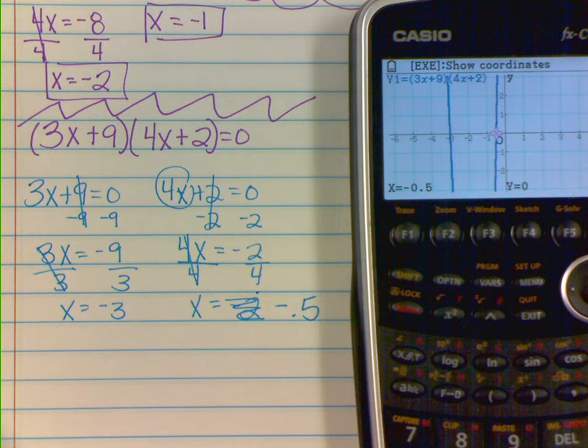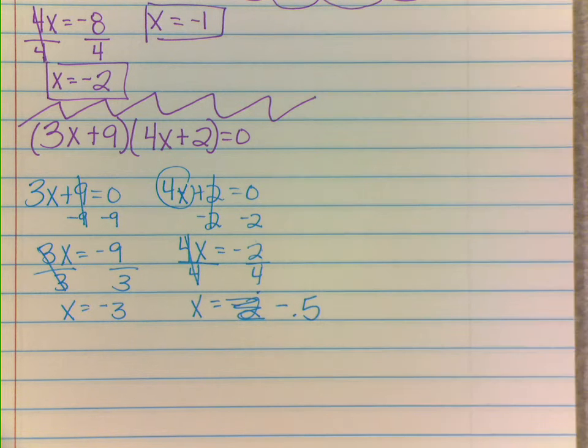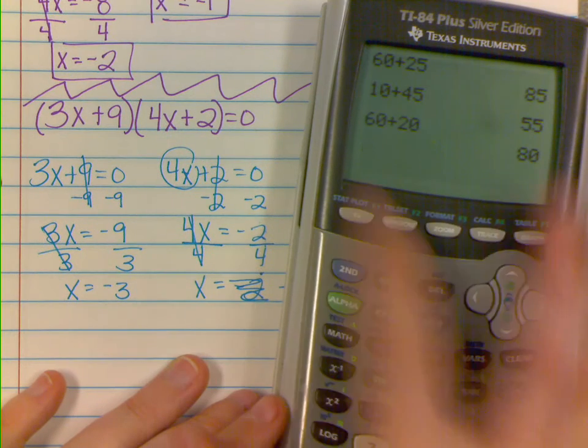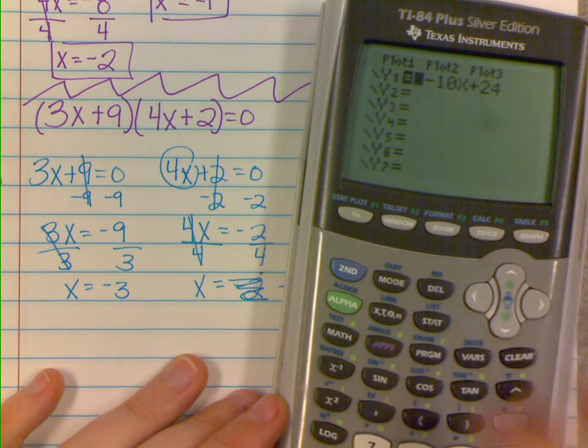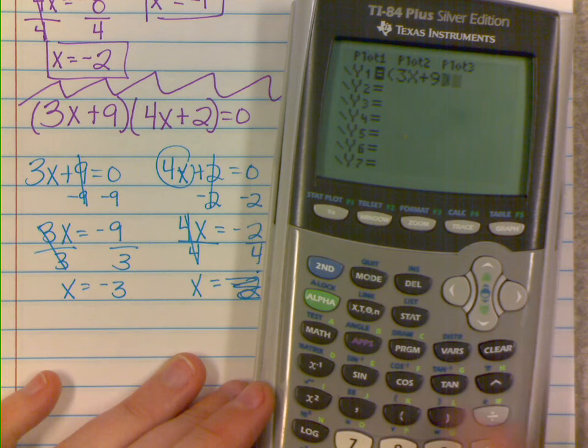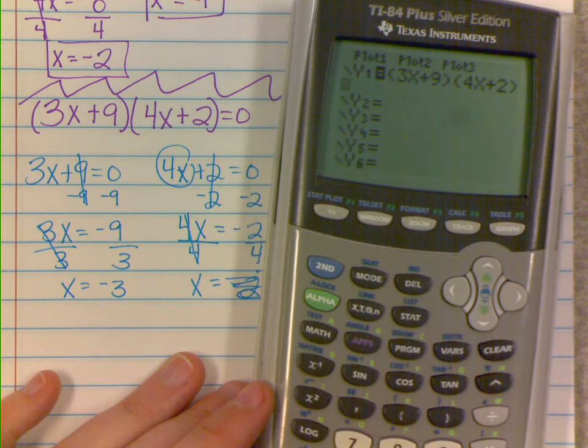Okay. You ready? So let's do the factoring part. Anybody need me to show them again how to do the calculator? Who said yes? Okay, so if I'm on this one, parentheses 3x plus 9, close parentheses, then parentheses 4x plus 2, close parentheses.